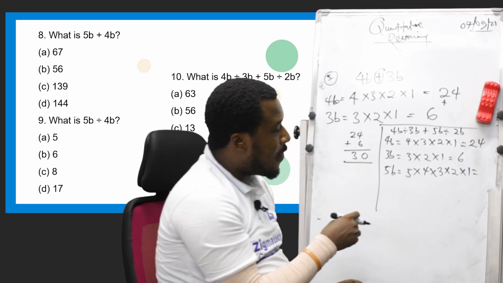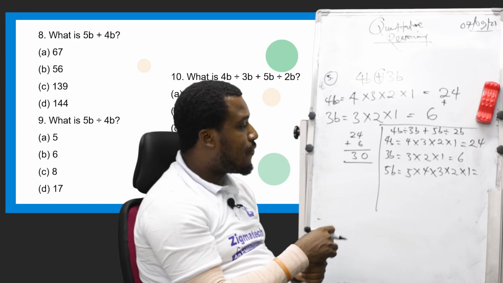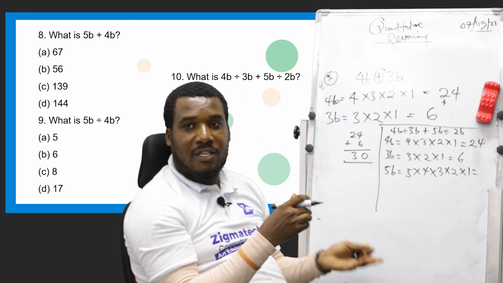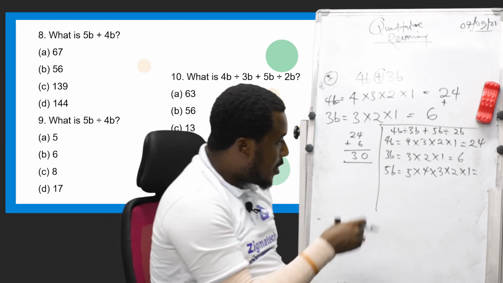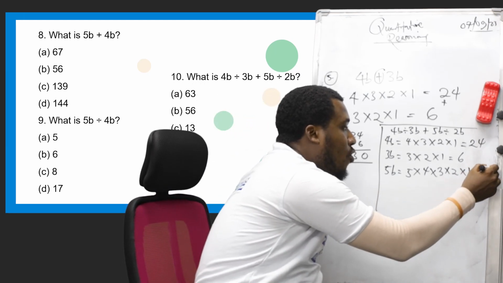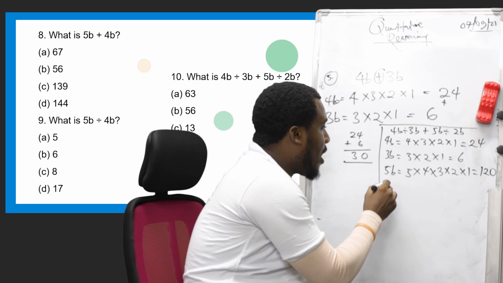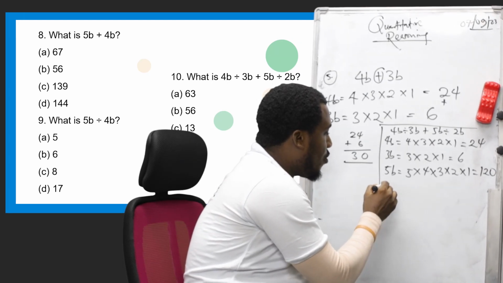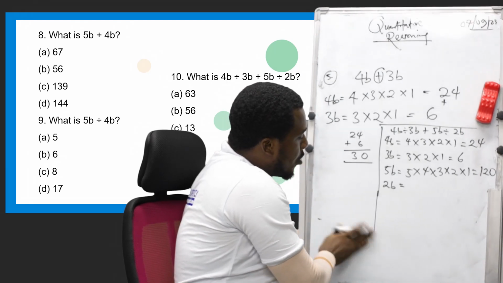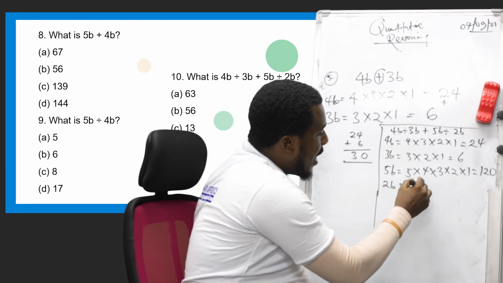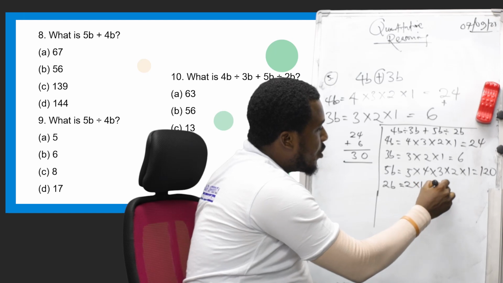Now 5 times 4 is 20, 20 times 3 is 60, 60 times 2 is 120, and 120 times 1 remains 120. Now we go to our last one, the 2b. We have 2 times 1, which is 2.